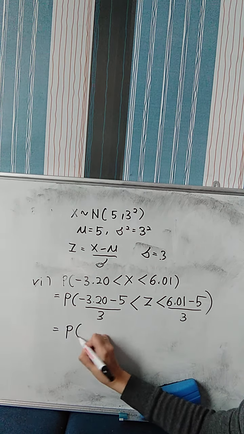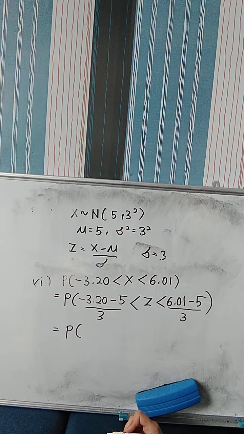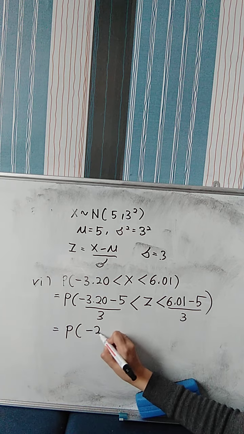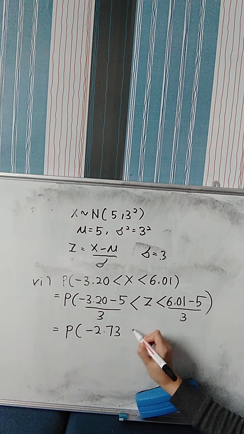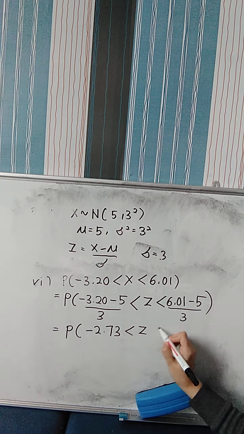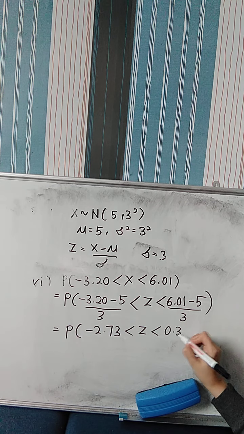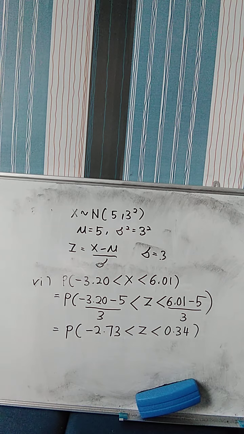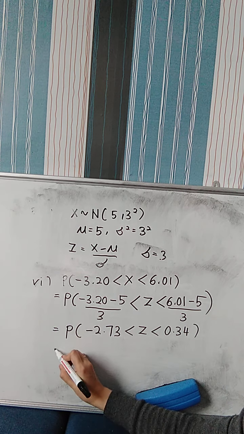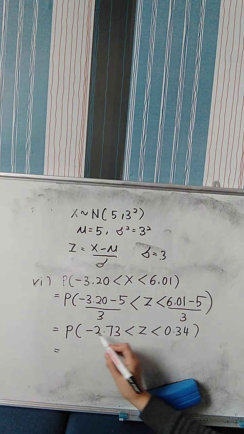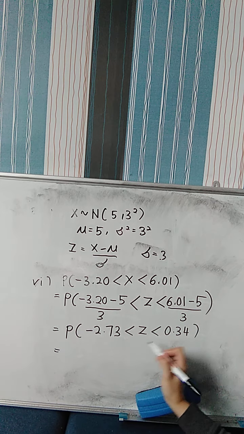Okay, so on your left the answer is negative 2.73 less than Z less than, on your right is 0.34. Okay, next you have a negative value on your left and a positive value on your right.